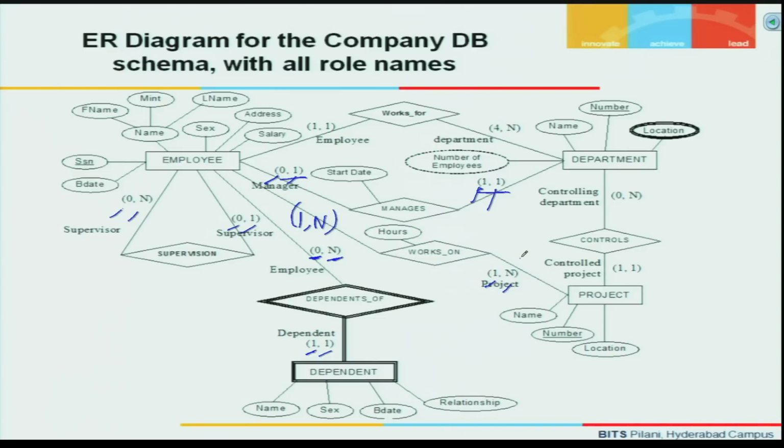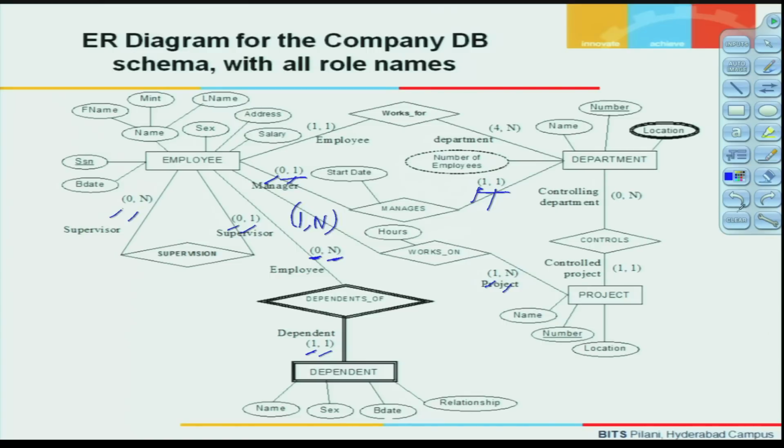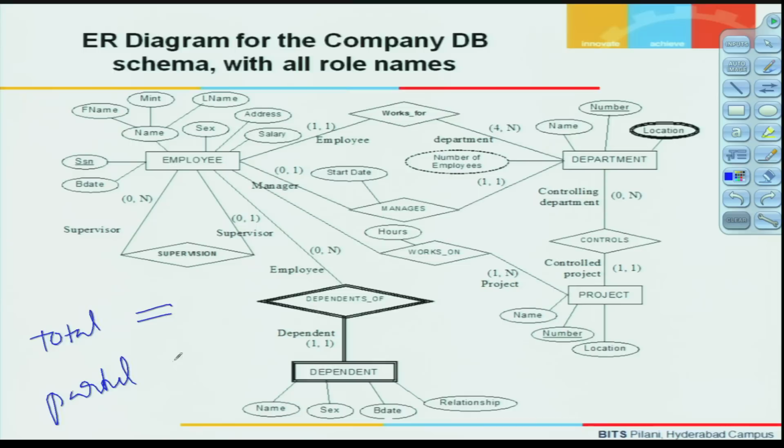Now let us have a look at the participation constraints. What is the participation constraint between employee and department? Of course, it is not properly indicated here. I have total participation, which is indicated by a double line, and partial participation, which is indicated by a single line. Now look at the involvement of the employee entity type in the works for relationship.